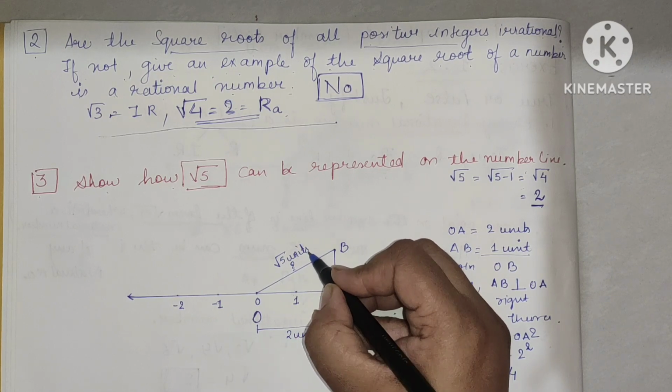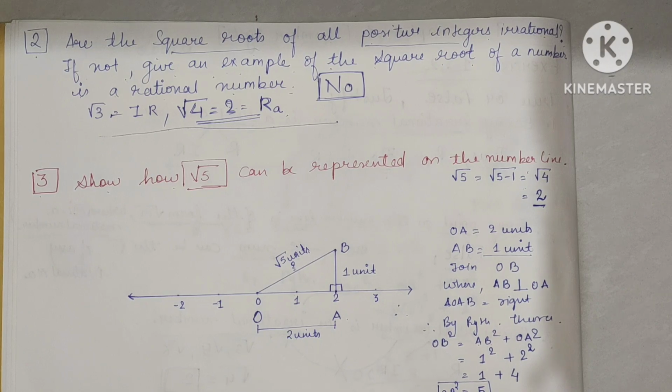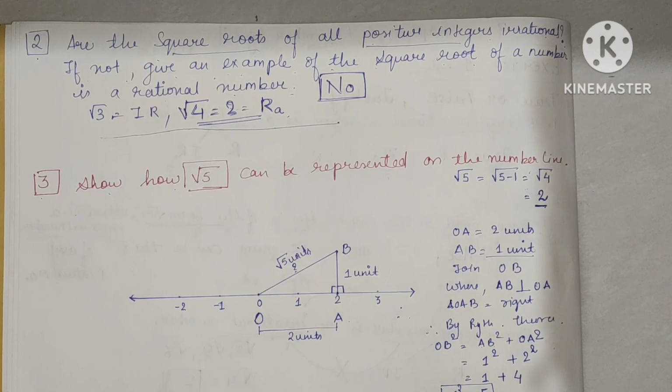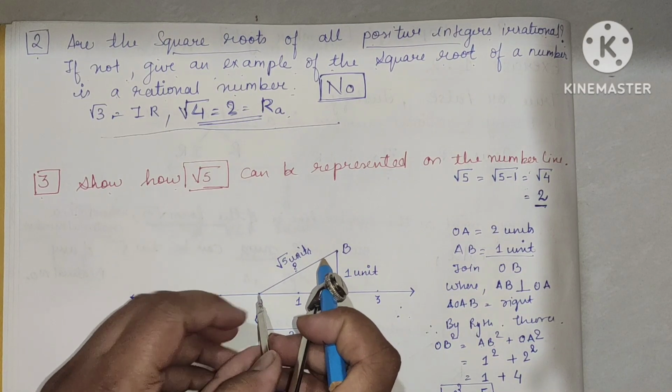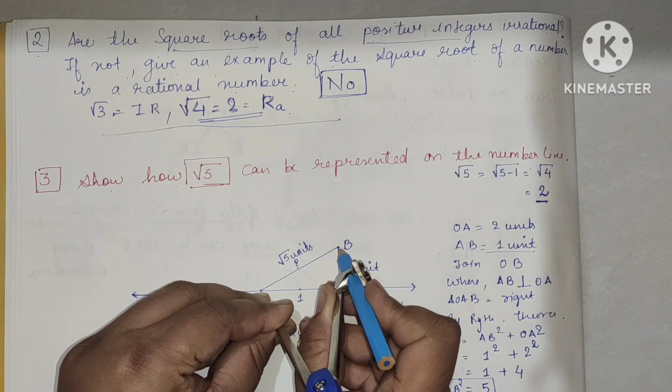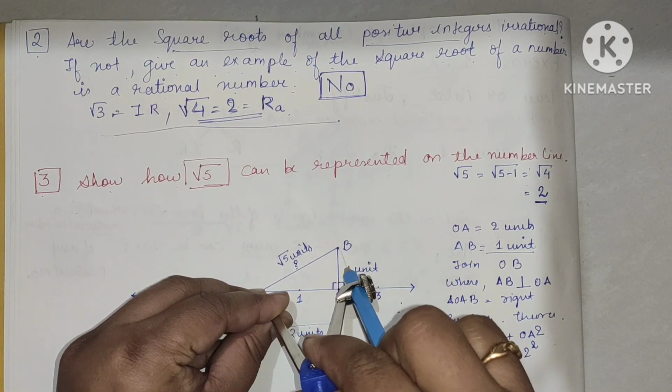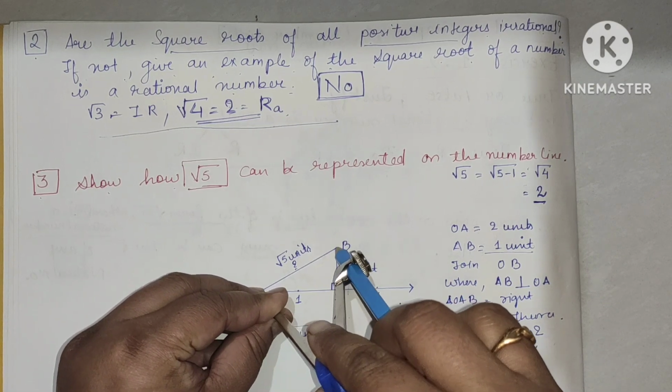What you have to do now? You have to take the compass, point at O and B. Now draw an arc on the number line.